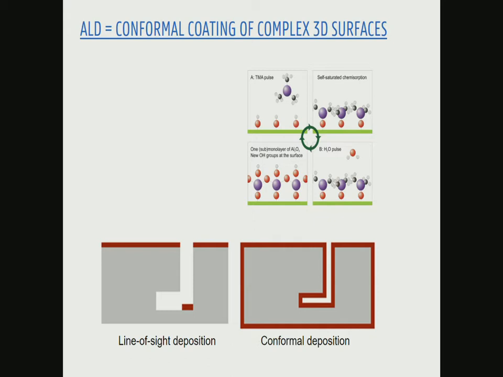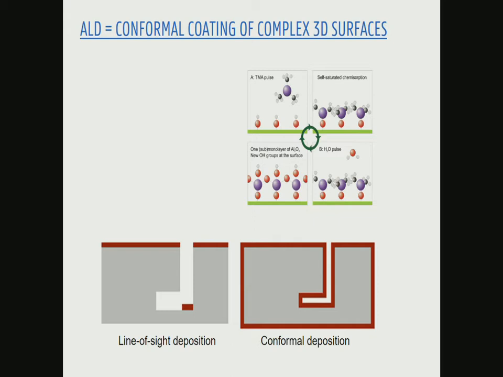And the main reason for that is the self-saturated chemisorption in this first step. So you should imagine that you have OH groups everywhere here, also down here. When you admit this precursor molecule into your reactor, of course, these OH groups will see the precursor molecule first, and this reaction will happen first at this location. But once this reaction has happened, this location has basically become inert.